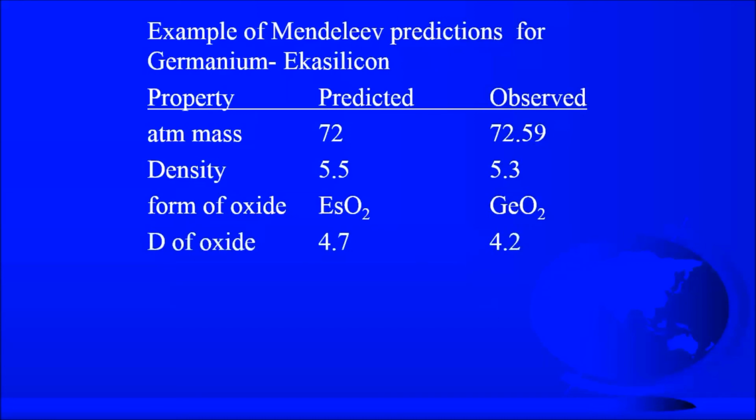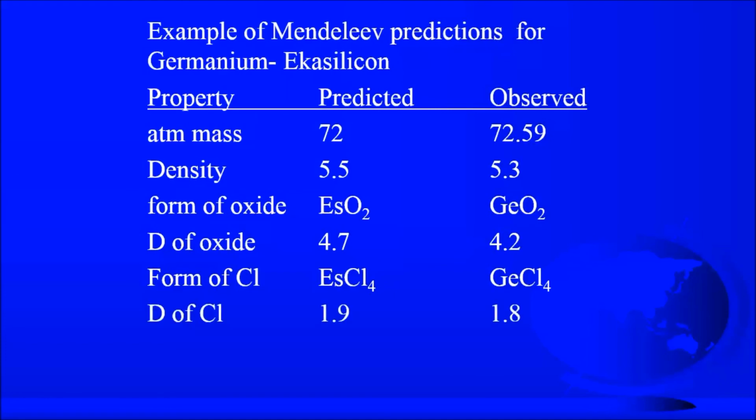The density of that is going to be 4.7. It actually turned out to be 4.2. It's going to react with chlorine to form EsCl4, GeCl4. Bam! Right on the money. Density of that was going to be 1.9. Close, 1.8. He did this with at least two more elements with incredible accuracy.